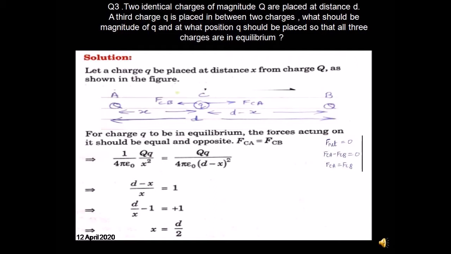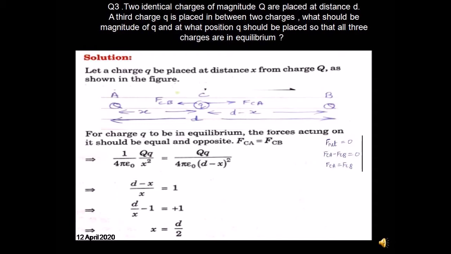First of all, we will take the small q charge under consideration, and we will find the net force on the small q charge. So small q charge will have, first of all, individual forces by the other two charges: FCA, force by A charge, and FCB, force by B charge.